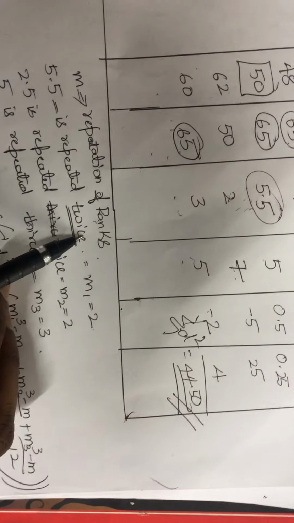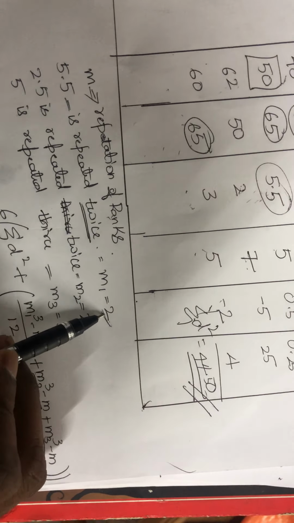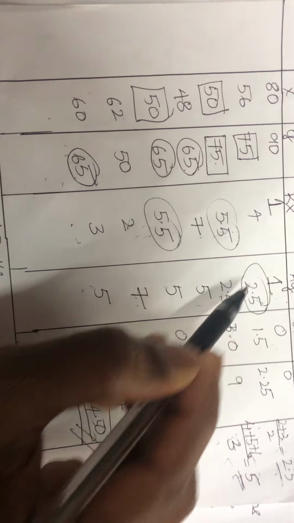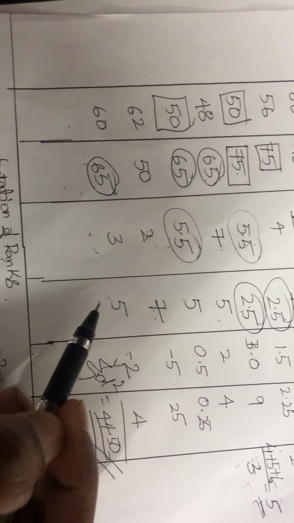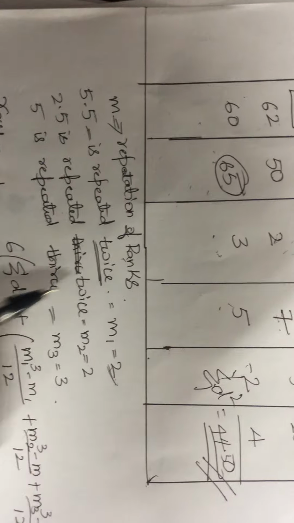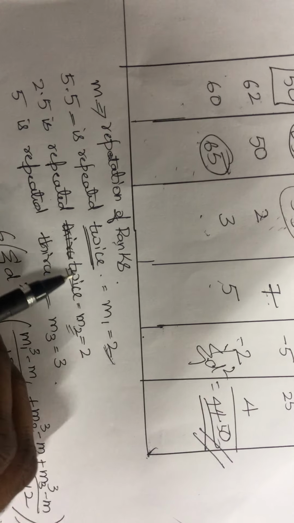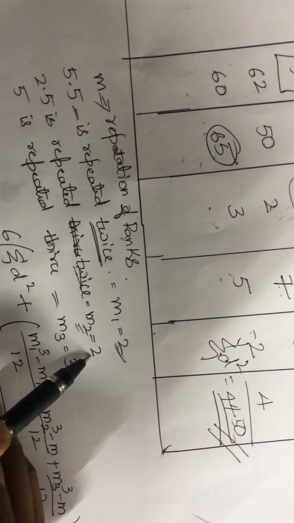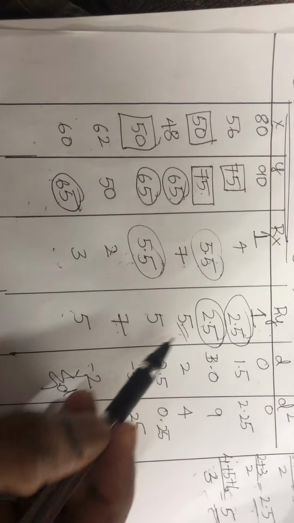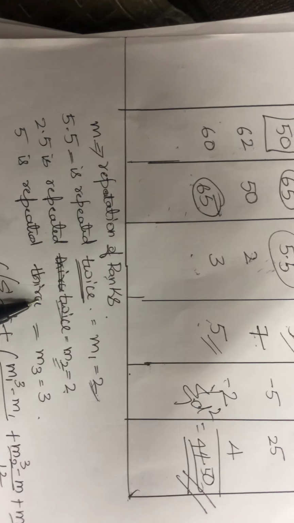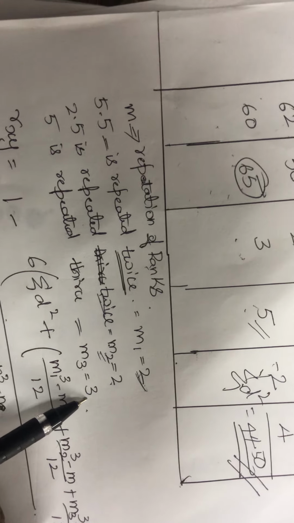Similarly, 2.5 is again repeating 2 times. How many times it is repeating, so much will be our M value. So M2 will be 2. Similarly, rank 5 is repeating 3 times, so M3 will be 3.